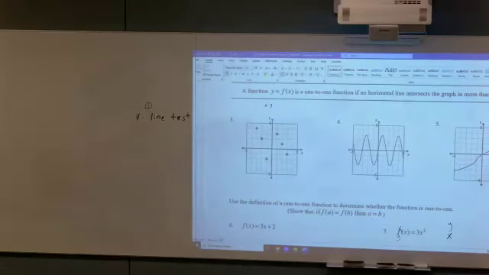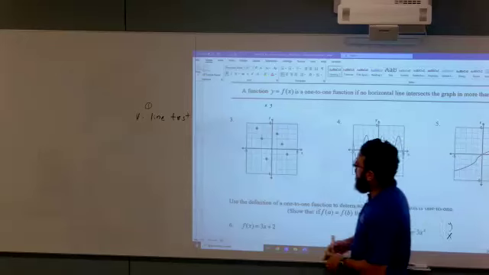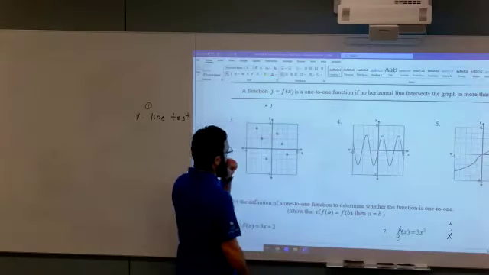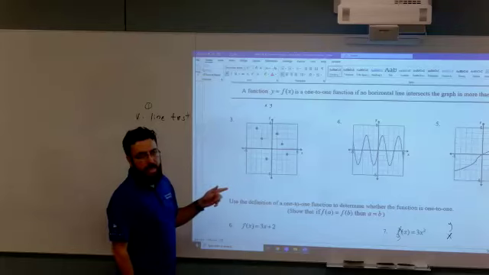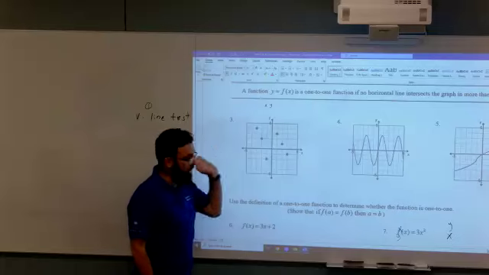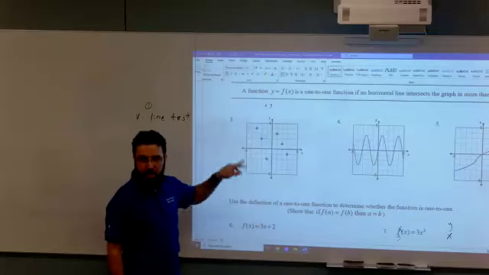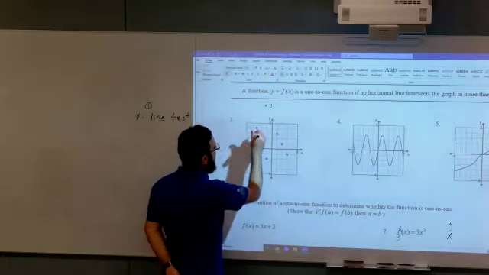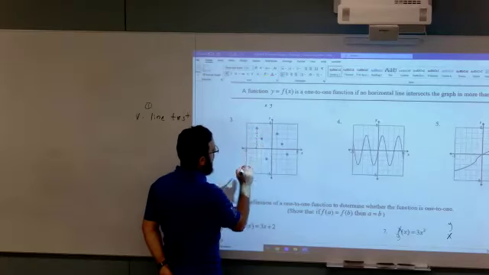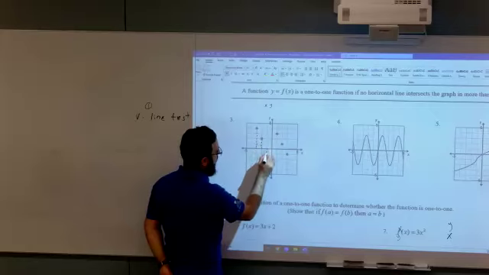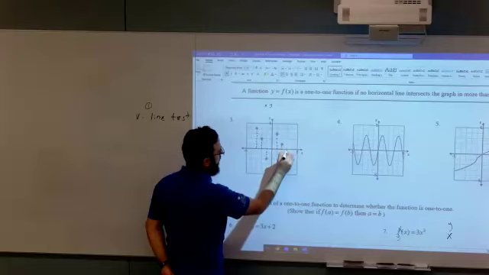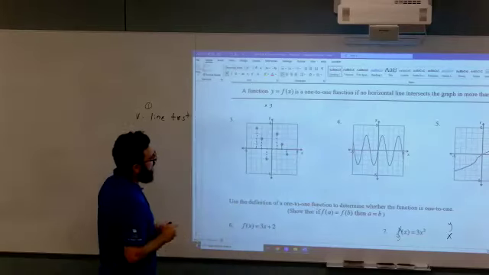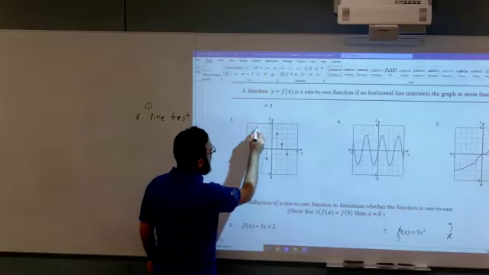Now, if you look at the first graph, this one, number 3. Can I apply the vertical line test on each point? Because it's not a graph, it's points. So if you put a vertical line here, and another one here, and another one here, you see each x here goes to where?